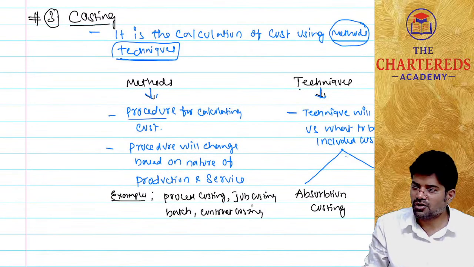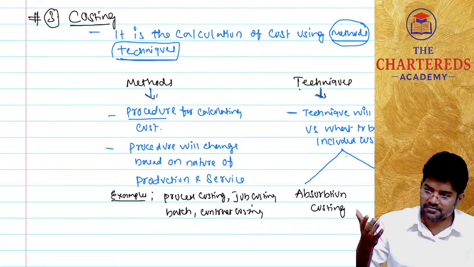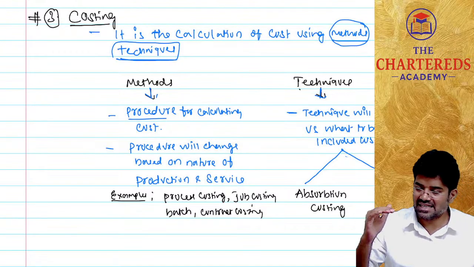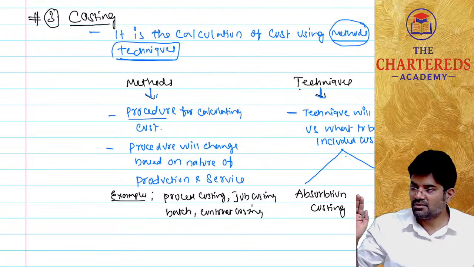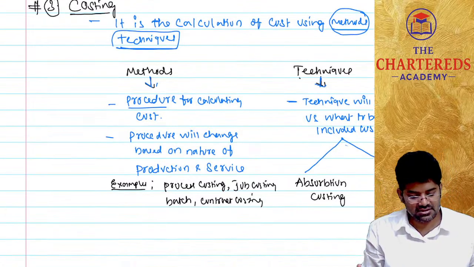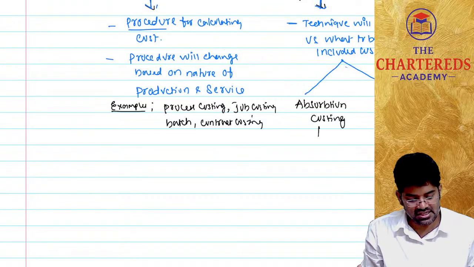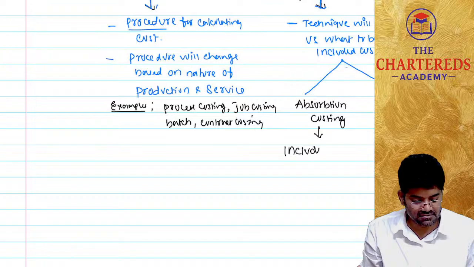So absorption costing is a technique which includes both variable as well as fixed. So what this says is this technique includes both variable cost as well as fixed cost.